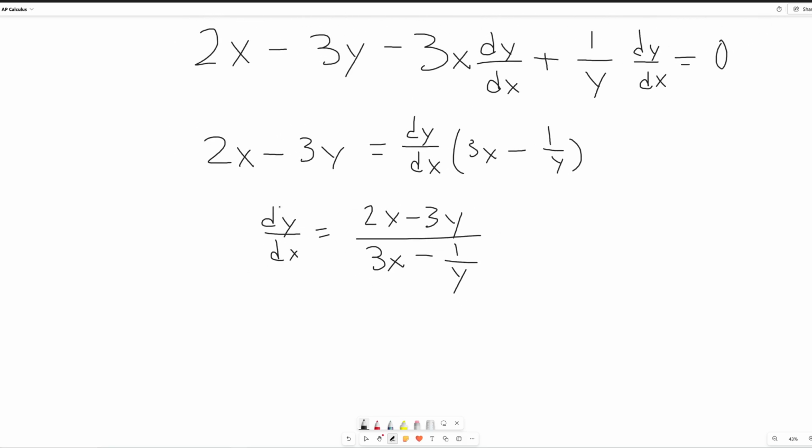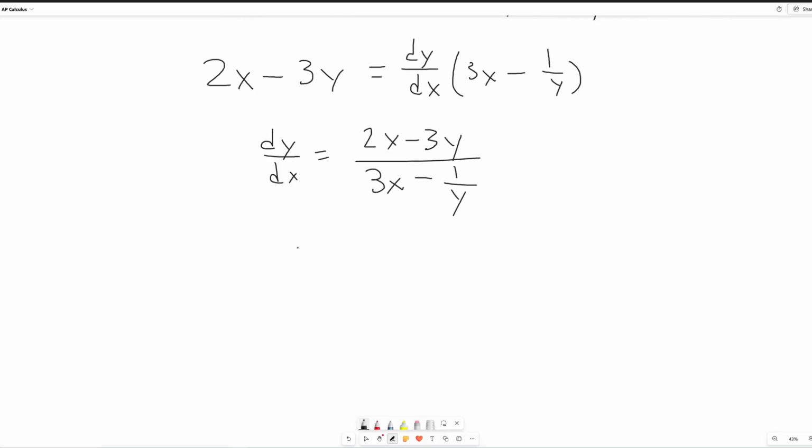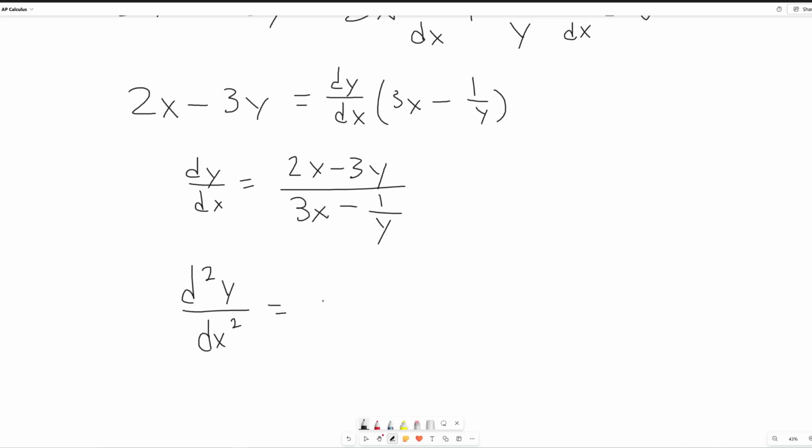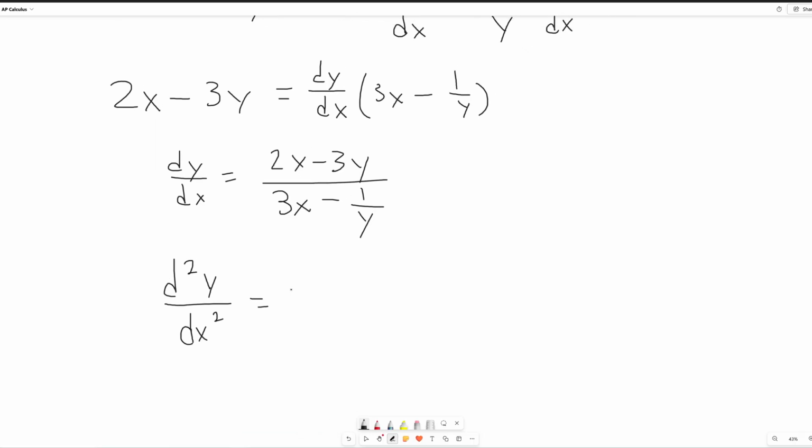You can take the second derivative of this. So what do we have? d squared y over dx squared. This is the notation for the second derivative. Now we're going to have to use the quotient rule, and this is going to be a long answer.